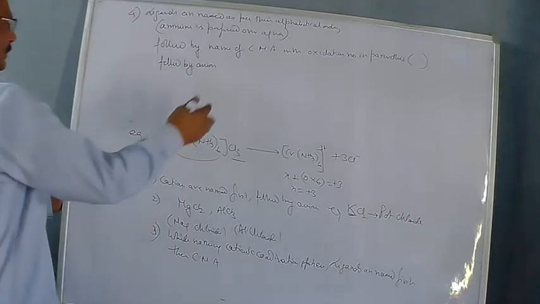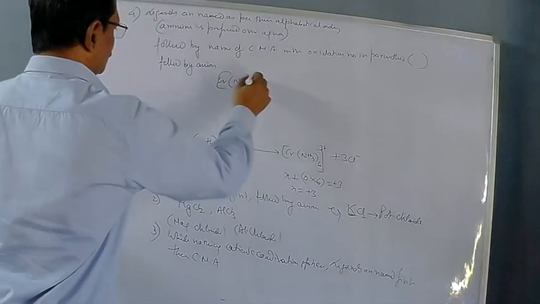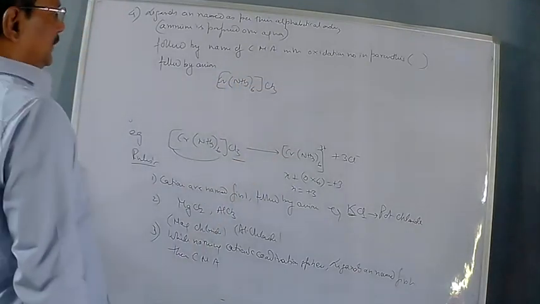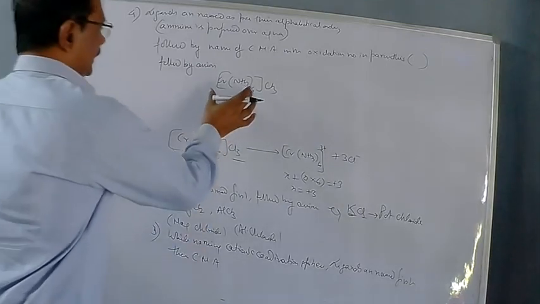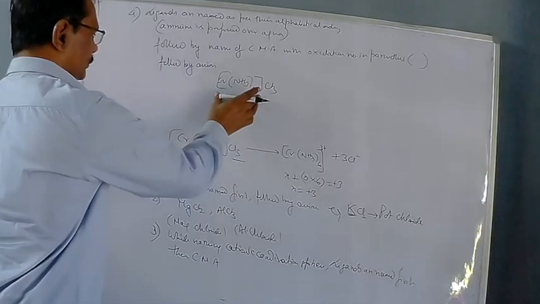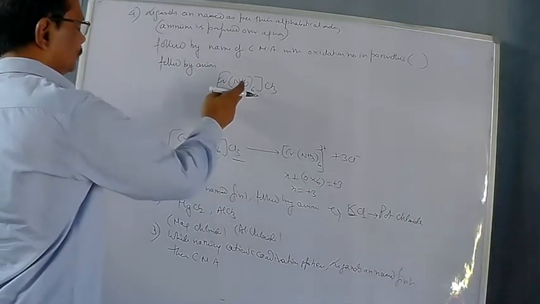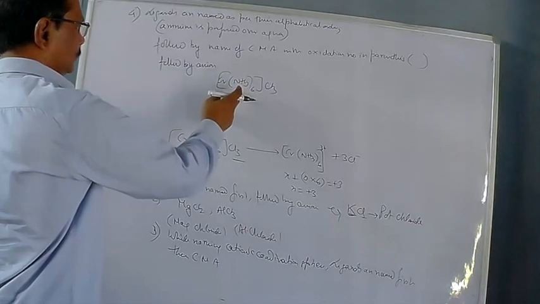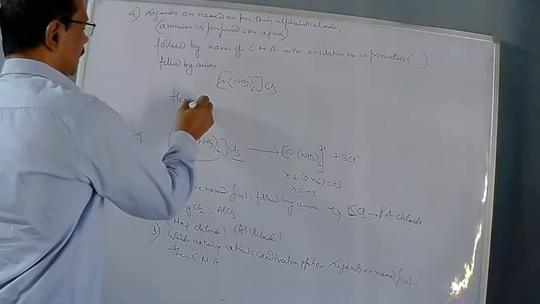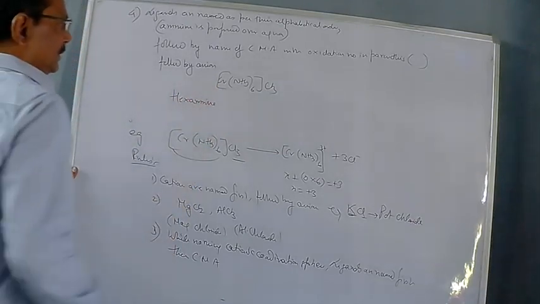So let us name this one. Cr(NH3)6 Cl3. We have already calculated the oxidation number of chromium as plus 3. So the cationic part will be named first. In the cation we are getting two things. I have already told you coordination spheres will always contain two things, ligand and central metal atom. We are supposed to prefer the ligand, and the ligand is ammonia. How much? 6. So you see the name hexaammine, and class there should not be any gap.